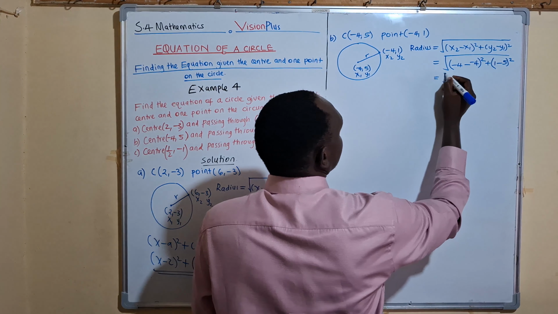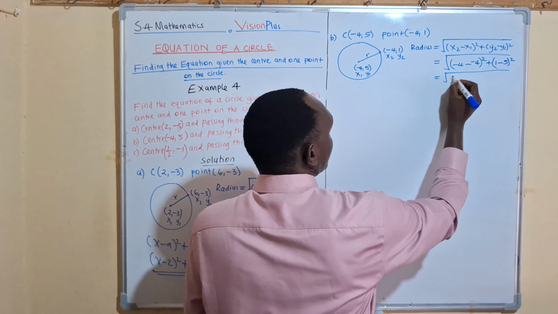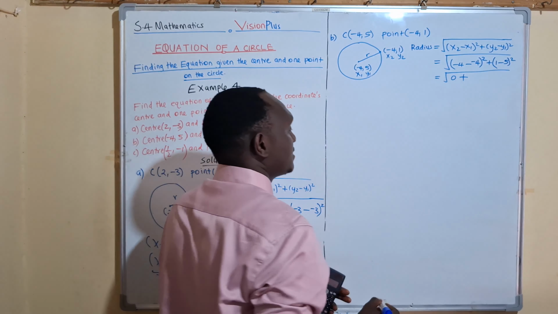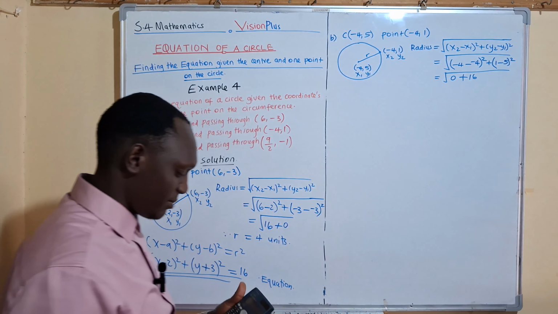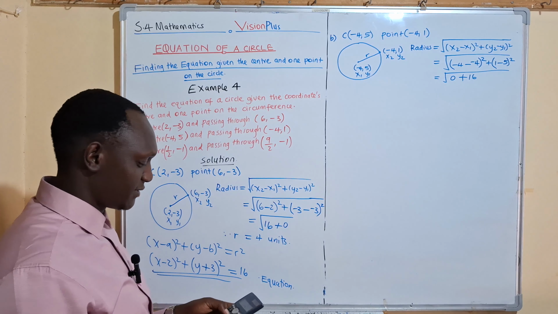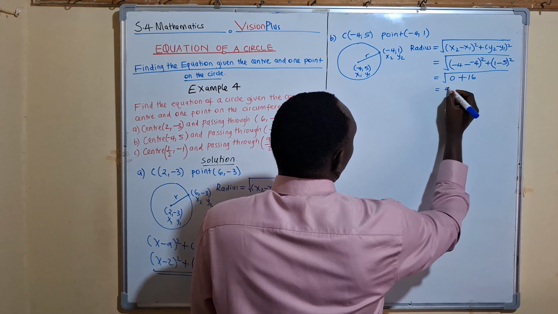This here gives us the square root of 0 plus 16, because 1 minus 5 is -4, squared is 16. The root of 16 is 4 units.